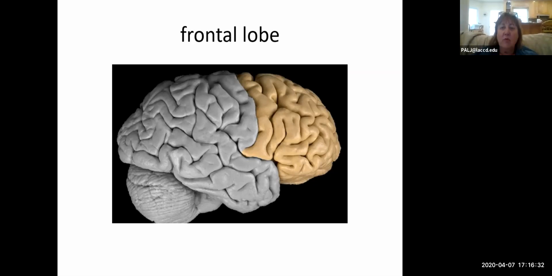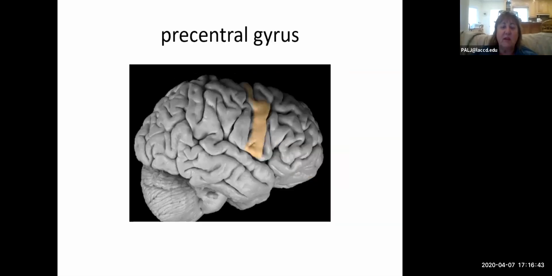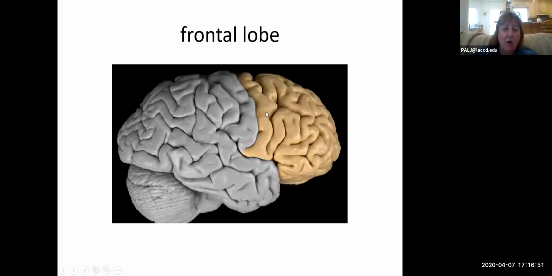And the frontal lobe has a lot of different actions it's responsible for, but one of the main things it does is this is where we have the part of the brain that has to do with movement. The part of the brain that is super concerned with movement, what we call the primary motor cortex of the brain, is if you go back on this picture, find that central sulcus, and then find the gyrus, the hill that is just anterior to it.